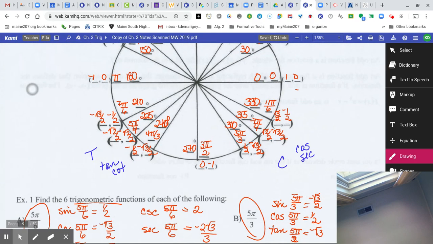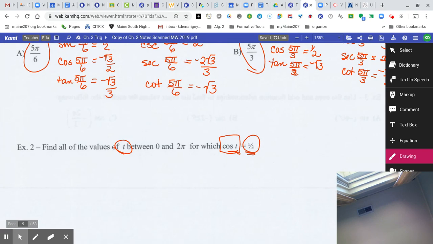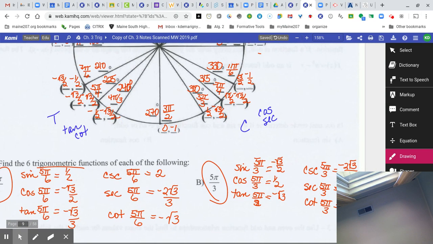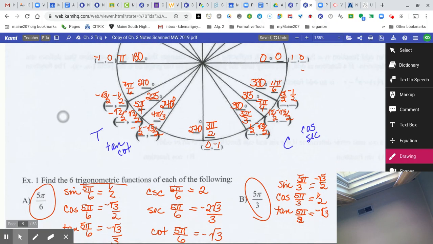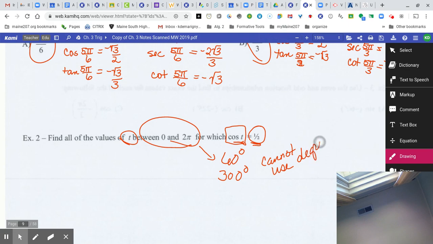So where is my cosine positive? Well, I know that it's positive at a 60 degree angle in the first quadrant. And then I know that it's also positive here in the fourth quadrant when you're at a 300 degree angle. Now, if you notice that they are asking you between 0 and 2 pi, then you cannot use degrees.